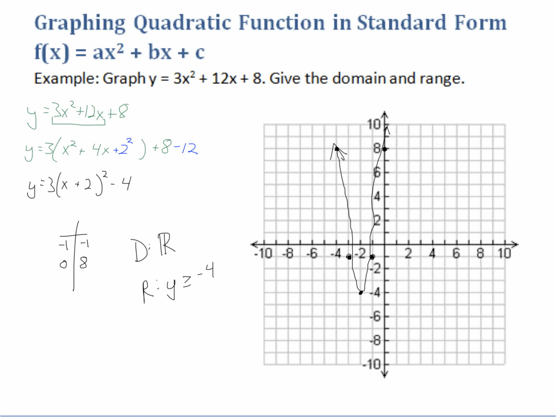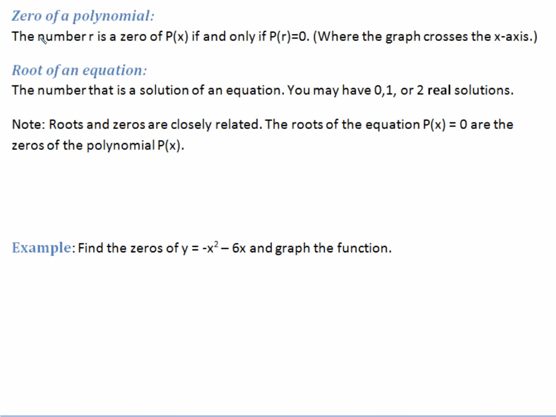A couple other terms that go along with this. The zero of a polynomial, so we're specifically talking about quadratic functions here, but the zero, so the number r is a zero of p of x if and only if p of r equals 0. So if we plug in r into the function and get 0, then it is a zero of the polynomial.